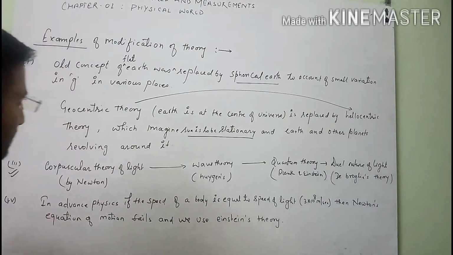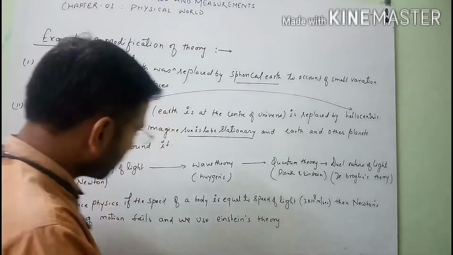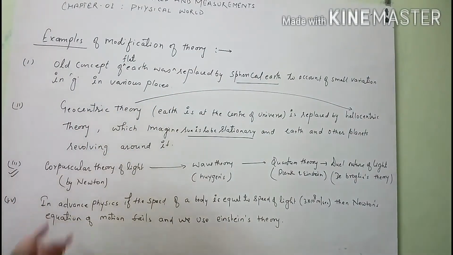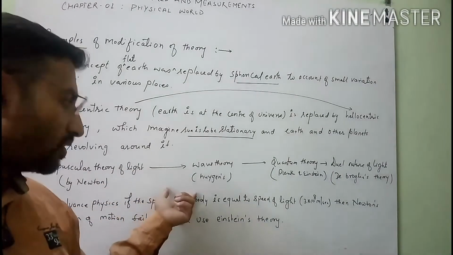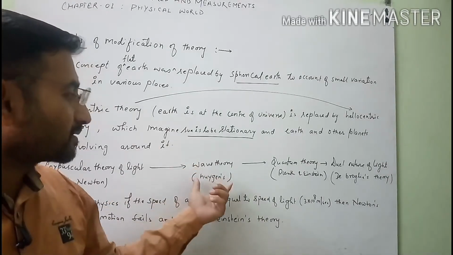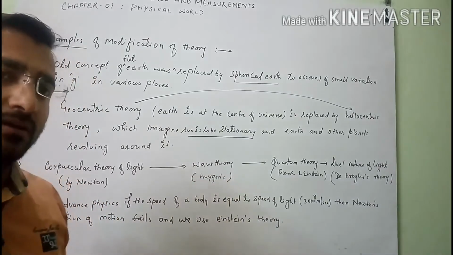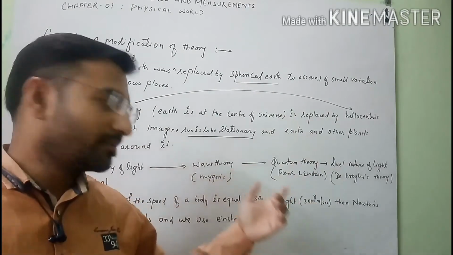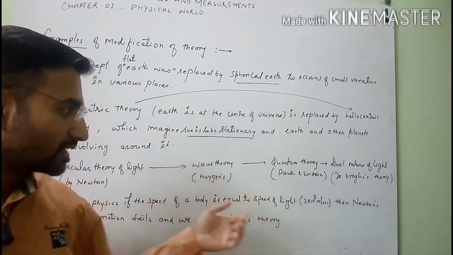But in some respects this theory can't explain the nature of light. So after this, the nature of light is explained by the wave theory given by Huygens, in which the light ray travels in the medium in the form of a wavefront. We will discuss all these things in your next classes.